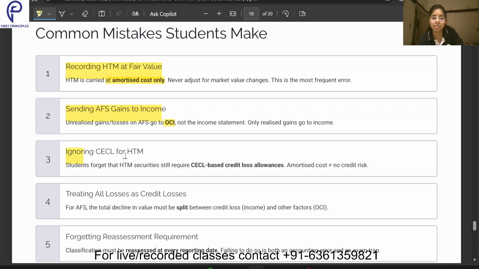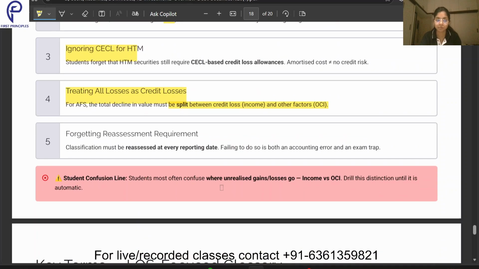Then ignoring the CECL for the HTM, ignoring the current expected credit loss for a HTM model, because we use the CECL model for the held to maturity. Then treating all losses as a credit loss. All loss is not the credit loss. Some can be the decline in the value, and that should be split accordingly between the income statement and the OCI.